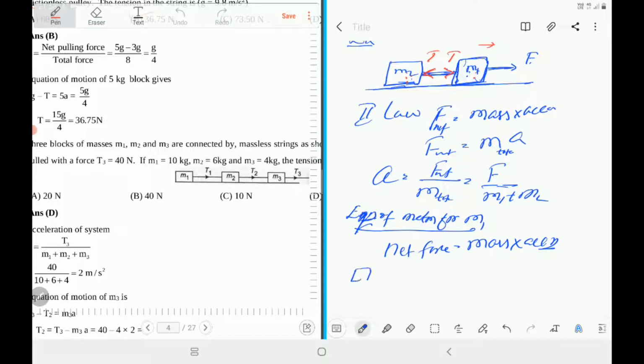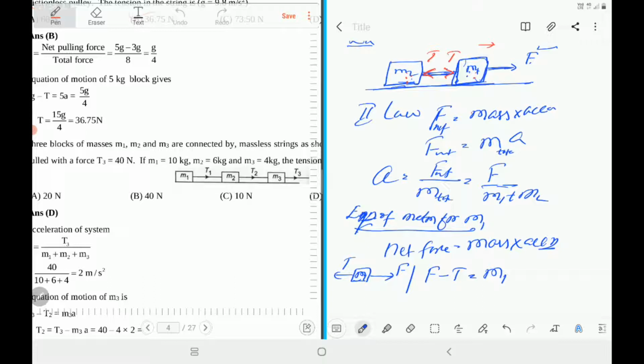Let's consider mass M1. That mass M1 experiences two forces, one F to the right, the other, tension, to the left. So, how do you write net force when they are acting in the opposite direction? The greater force minus the lesser force. Since the body is moving to the right, F must be more, T must be less. That is net force F minus T. What is mass here?